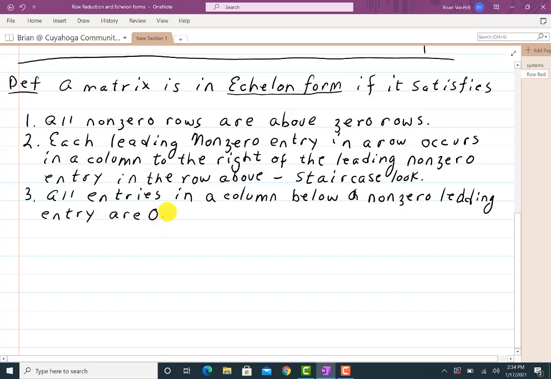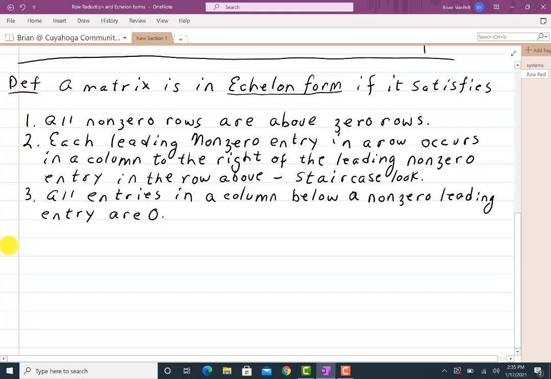So let me see if I can get this one to make sense too. All entries in a column below a non-zero leading entry are 0.